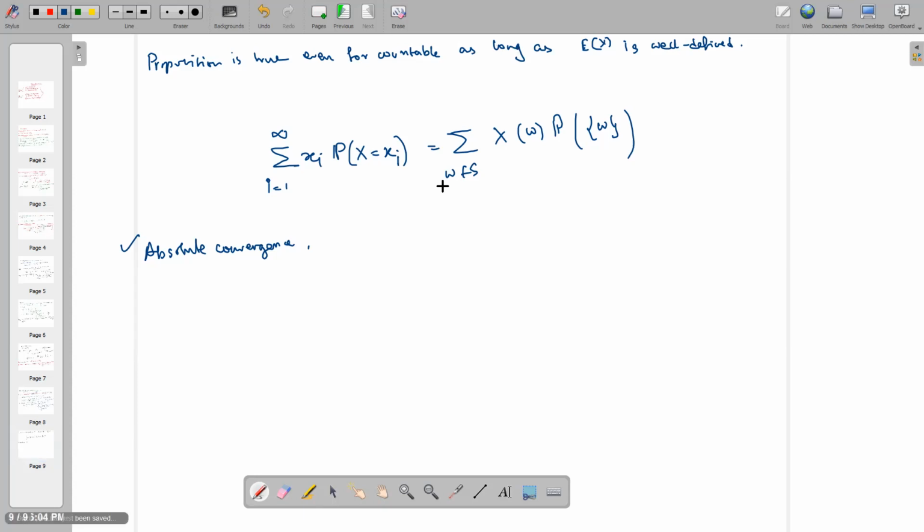Okay, so up to this is fine, right? We are doing this because we wanted to show linearity of expectation, so I'm writing this down explicitly. What do I mean by linearity of expectation?